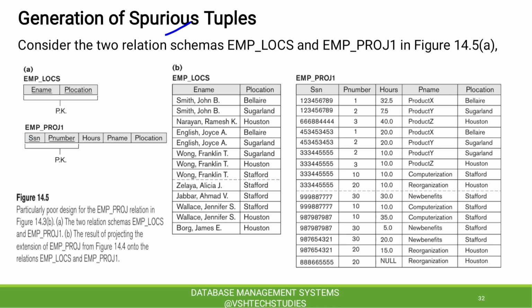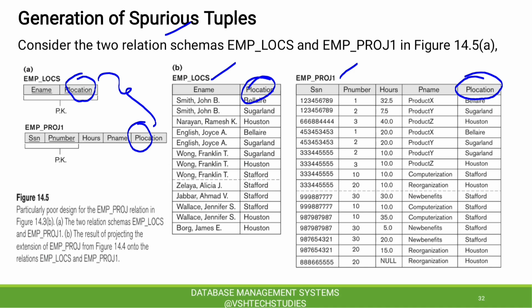Now the point is, if again we join these two relations on the common attribute, which is P location here, then we must get the original EMP_PROJ relation. So we are taking the EMP_LOCS relation and the EMP_PROJ1 relation, and we are combining both on attribute P location, and we hope to get the EMP_PROJ relation back.